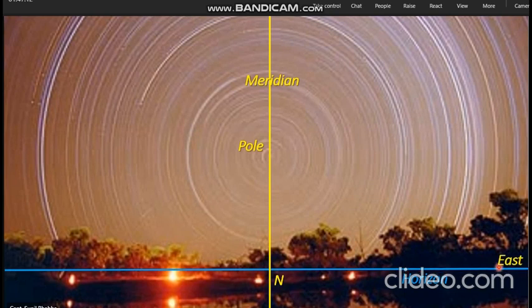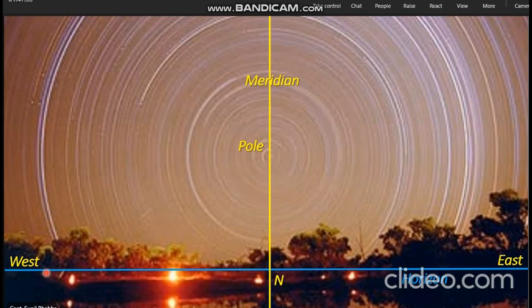And from point N, if we go towards the left hand side, this represents the west direction. So east and west are also identified in the diagram.